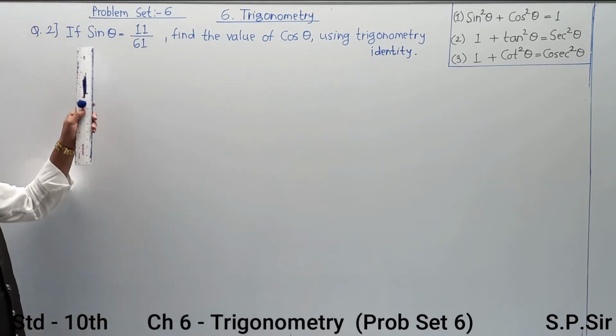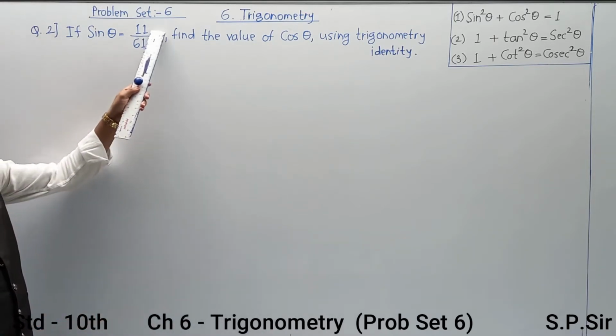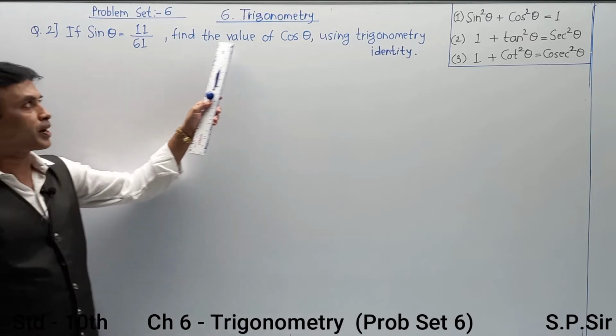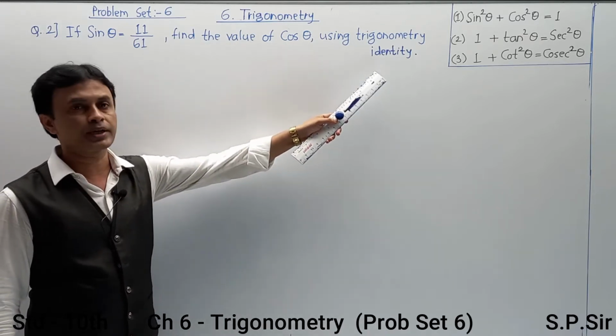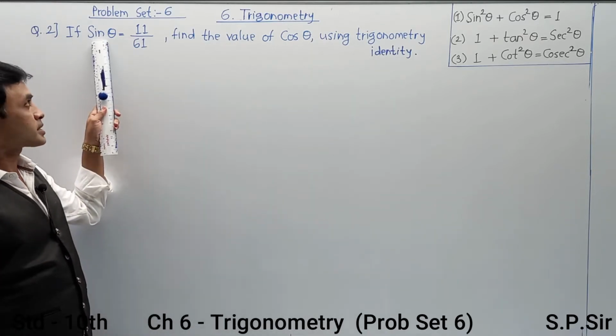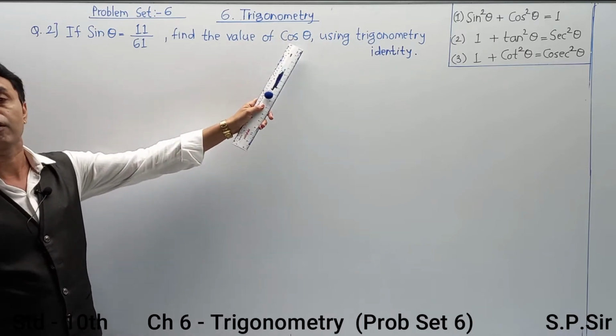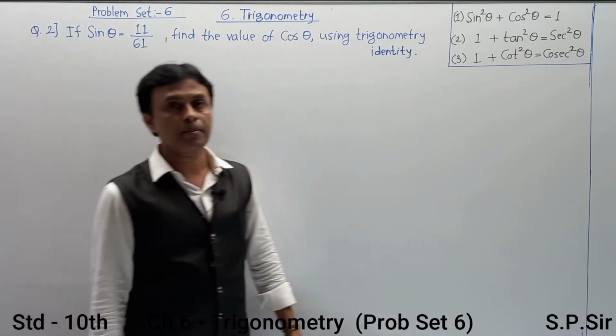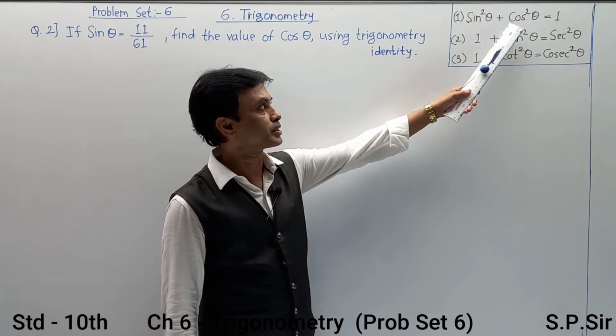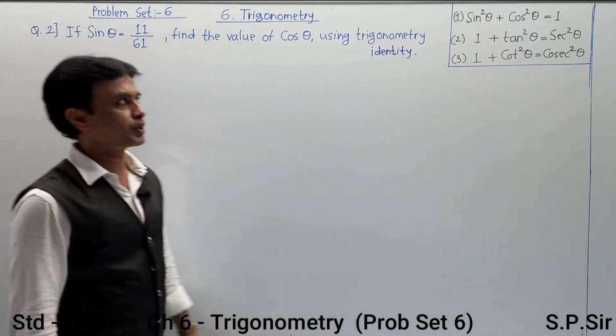Coming to the problem, if sin theta is equal to 11 upon 61, find the value of cos theta using trigonometric identities. Sin is given and cos we are supposed to find, and their combined identity is sin square theta plus cos square theta is equal to 1.